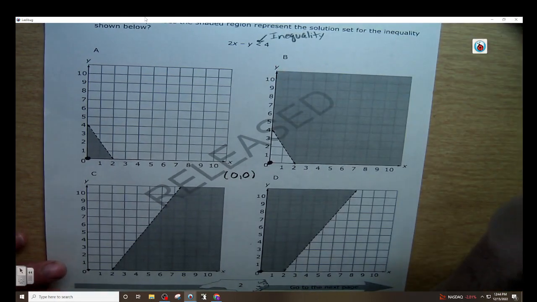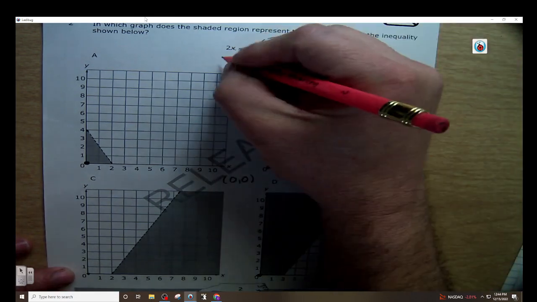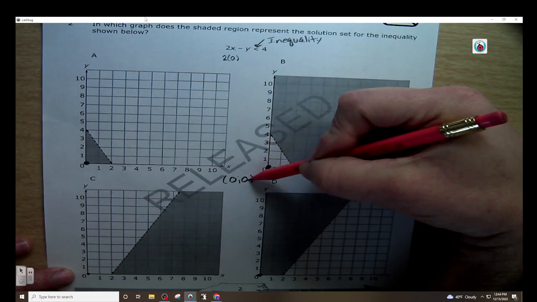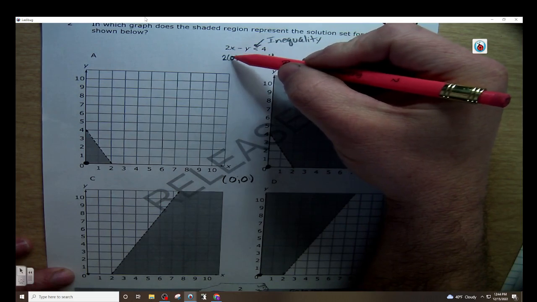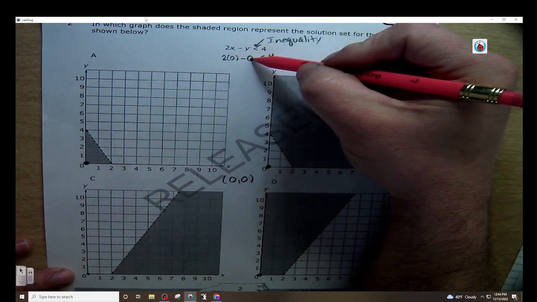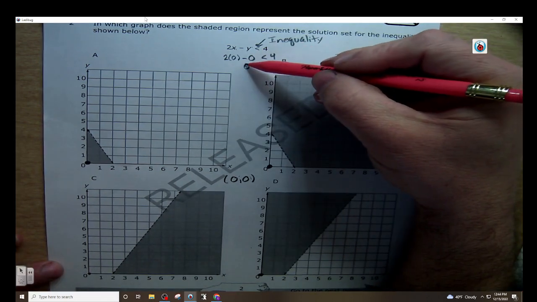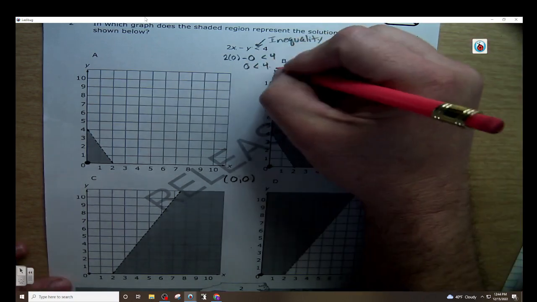If you plug that in where x is and y is, that gives you 2 times 0, because we chose a point where x is 0, and that y value is also going to be 0. 2 times 0 is 0, minus 0 is just plain old 0. Now let's think about this. If you read the inequality from left to right, that says 0 is less than 4. Well, 0 is smaller than 4, so that's true.